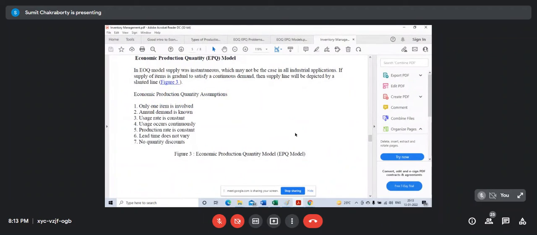Okay, economic production quantity. There are certain assumptions out there. Only one item is involved. Annual demand is known. Usage rate is constant. Usage occurs continuously. Production rate is constant. Lead time does not vary.